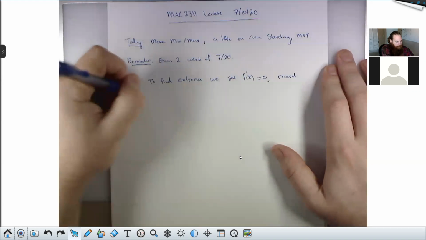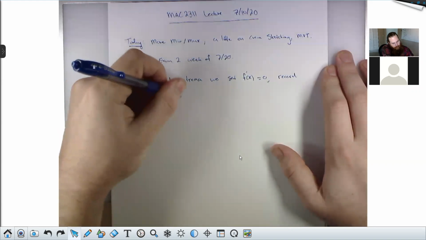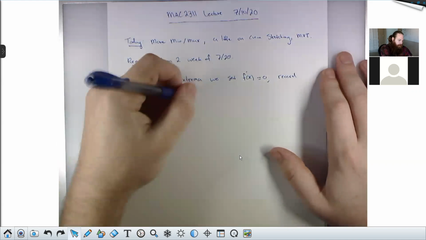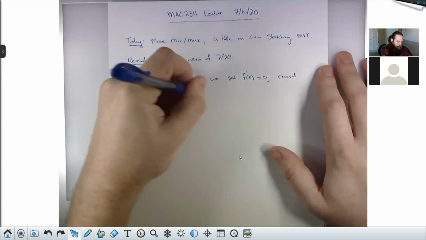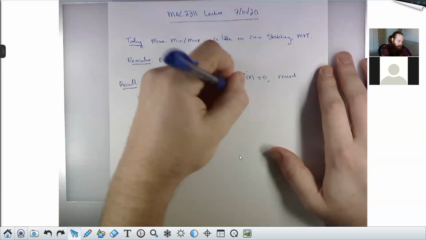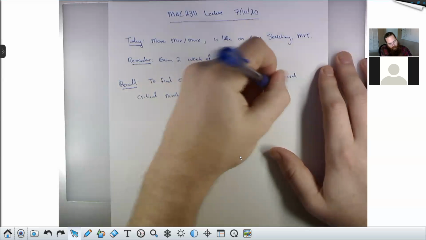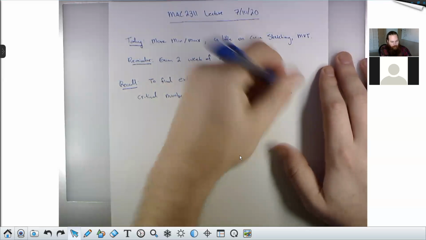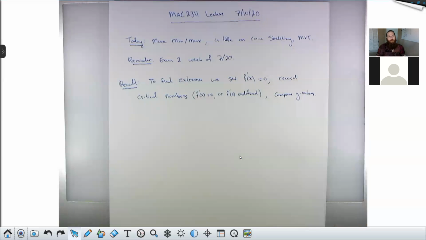Record the critical numbers. These are places where f prime is 0 or f prime is undefined. And then compare y values. That was the basic 3-step algorithm that we discussed in class last time.